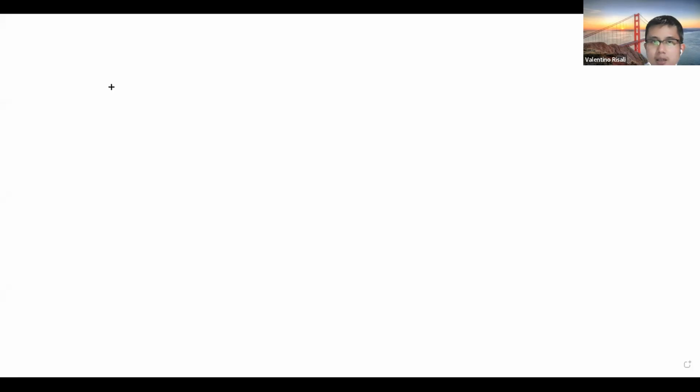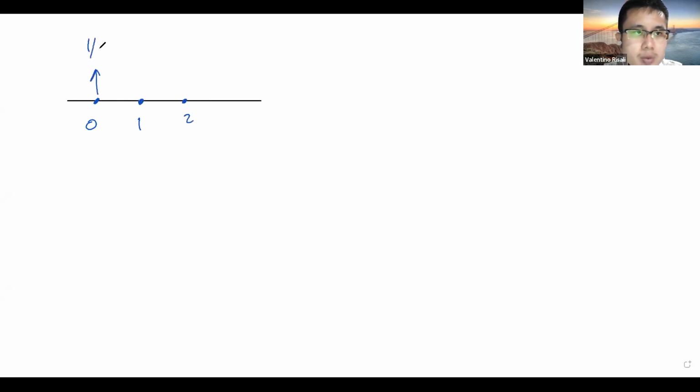Okay, I will draw the illustration about this. This is for 0, 1, and 2. 0 corresponds to this value, 1 to this value, and 2 to this value.